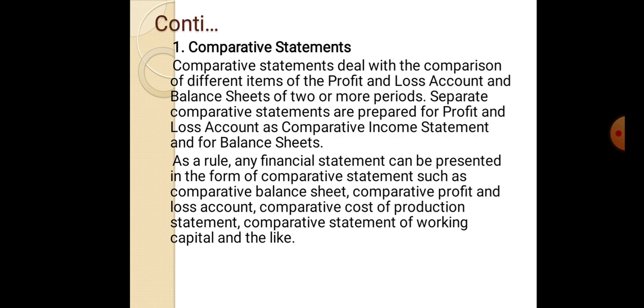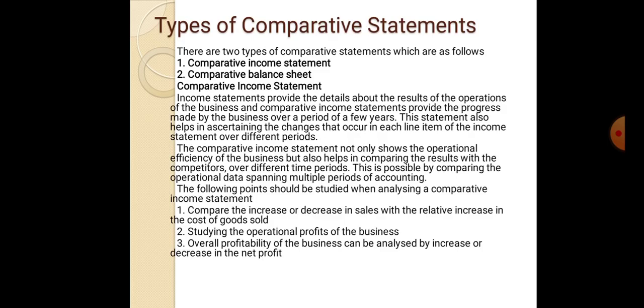So we have several types of comparative statements. Here there are two types of comparative statements. They are comparative income statement and comparative balance sheet. As earlier I have discussed, there will be inter-firm comparative balance sheet and intra-firm comparative balance sheet.